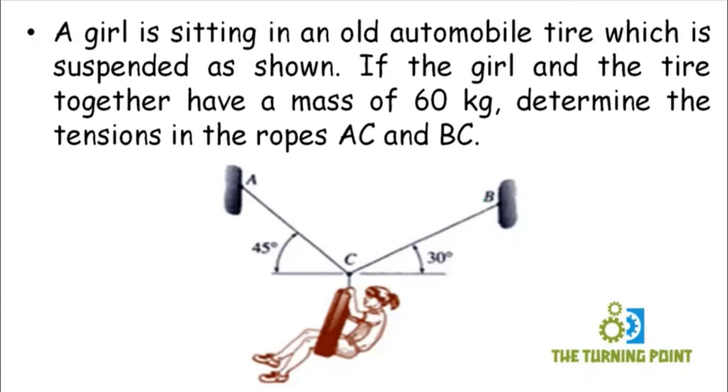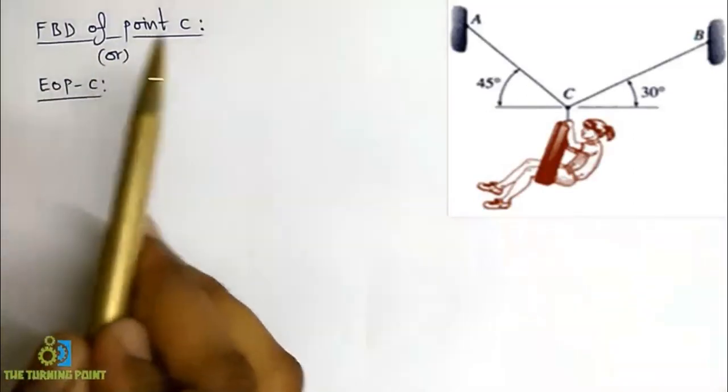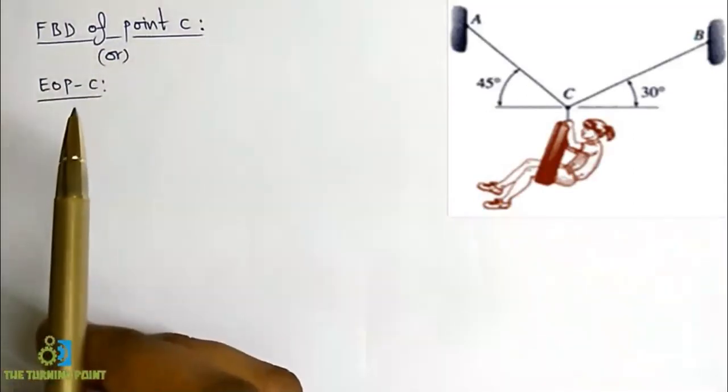So we have to consider free body diagram of point C or equilibrium of point C. So let us draw the free body diagram for point C now.